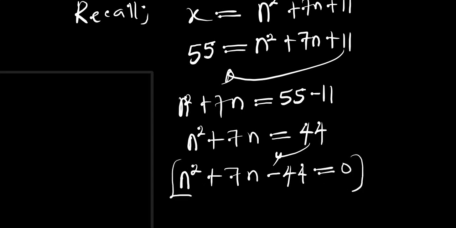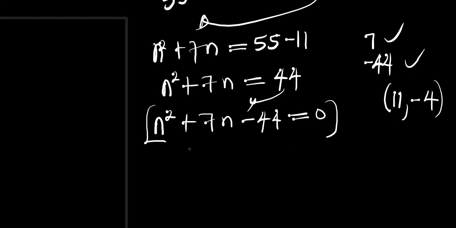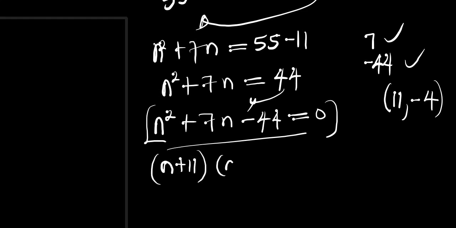This is a quadratic equation that we are going to solve using the factorization method. So we need two numbers that if we add, we are going to have 7, and if we multiply, we are going to have negative 44. So the two numbers are, we can make use of 11 and negative 4. 11 plus negative 4, we are going to have 7. And 11 times negative 4, we are going to have negative 44. So if we insert these two numbers here, we are going to have (n plus 11)(n minus 4) equals 0.